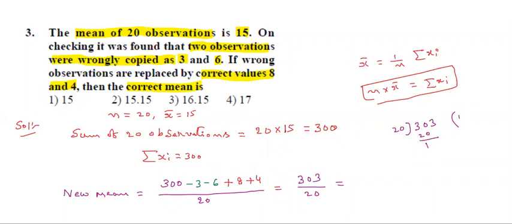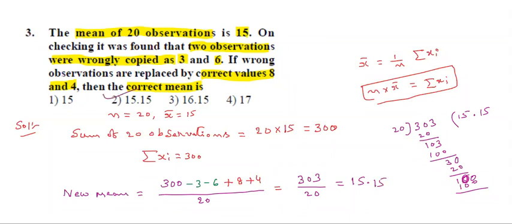Now we get 103. 25s are 100. 3.0. Again 21s are 20. 15. Take 0 like this. 25s are 100. So finally, what is the answer? 15.15. This is the answer.